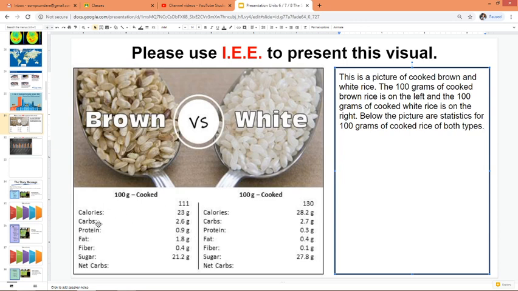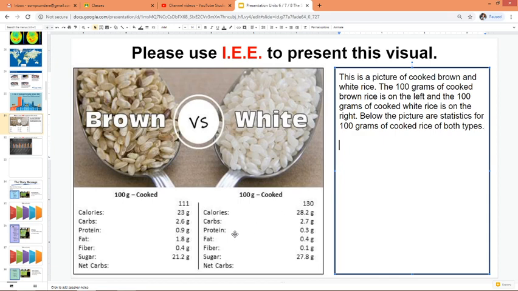When you look at this, there's calories, carbohydrates, protein. So this is nutrition facts. This is how good the rice is for you or how bad it is for you. What stands out to you? What is important here?